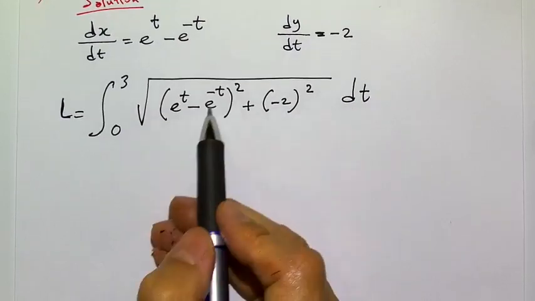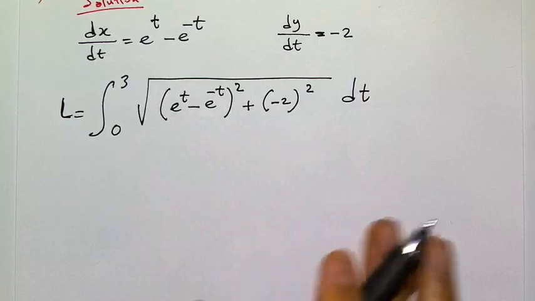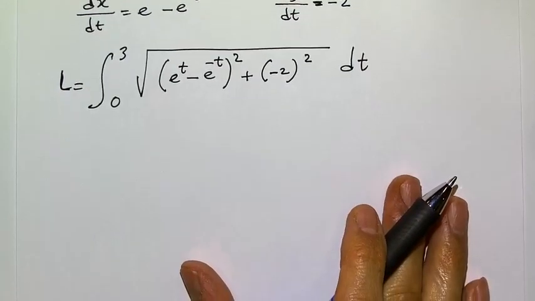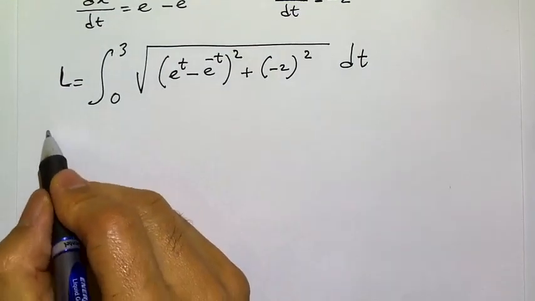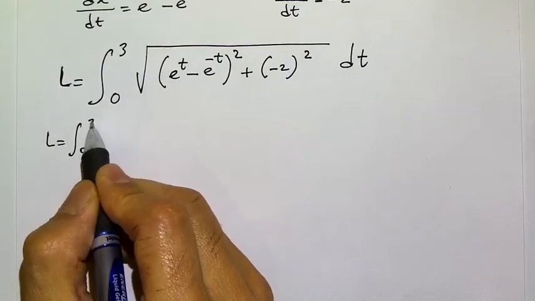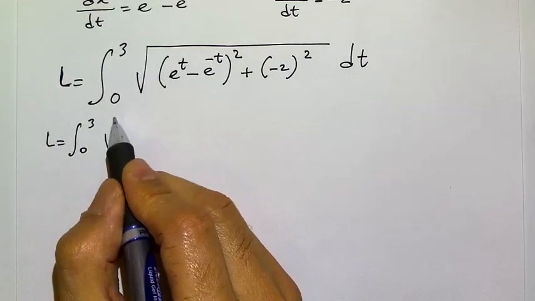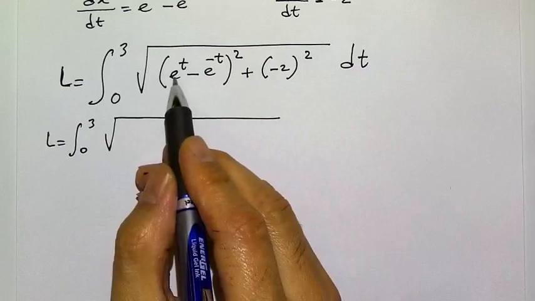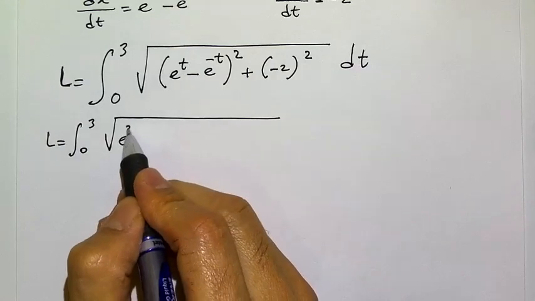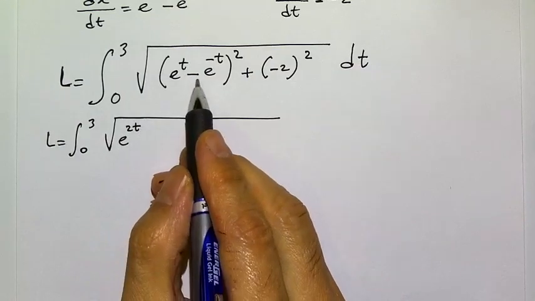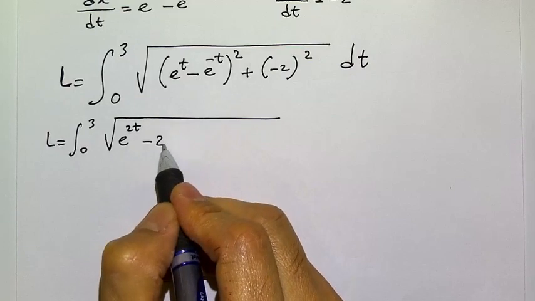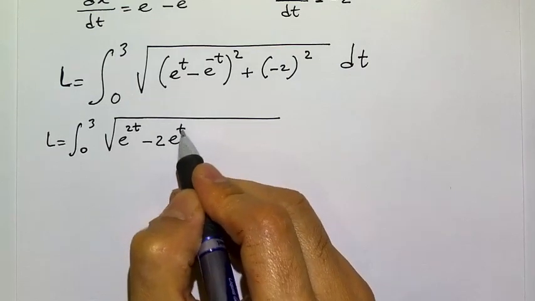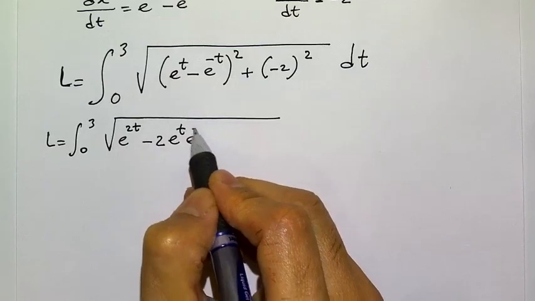So let us expand this and then simplify the terms here as much as we can. So we have integral from 0 to 3 of, if we expand this, we get e to the 2t power minus 2 times e to the t power times e to the minus t power.